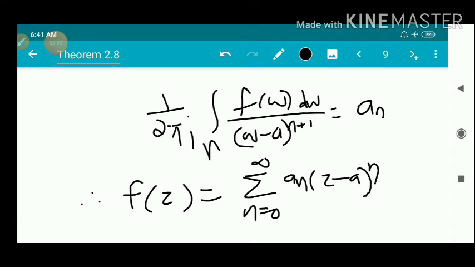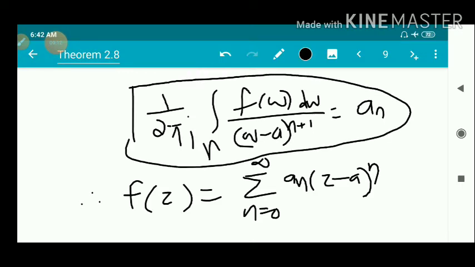That is, f of z can be expressed as a power series where an equal to 1 by 2 pi i into integral over gamma f of w dw by (w minus a) all raised to n plus 1.